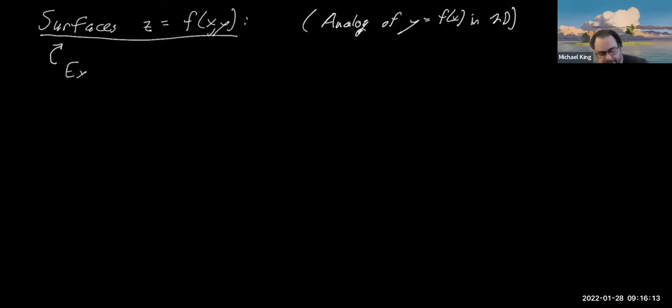This is the example I mentioned on Monday, but we'll do lots more examples. z equals x squared plus y squared. I claimed this was a bowl shape. But the question is, what does the graph in 3D look like? How do we know that?